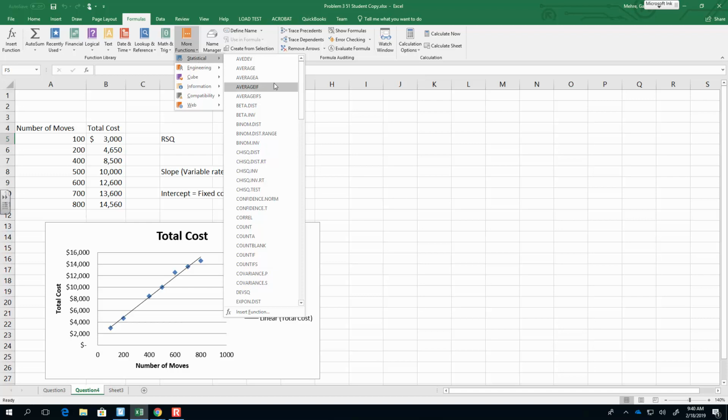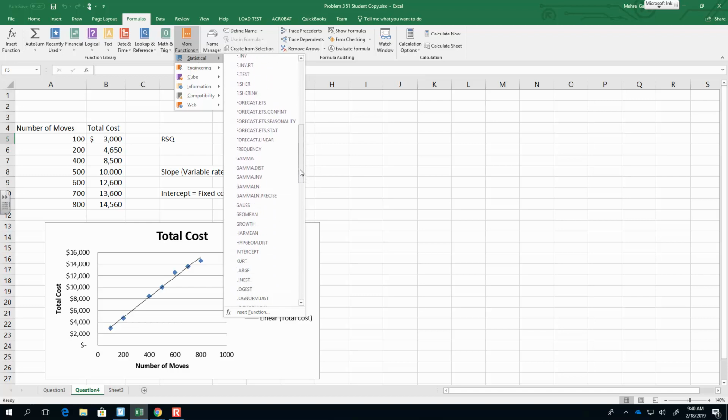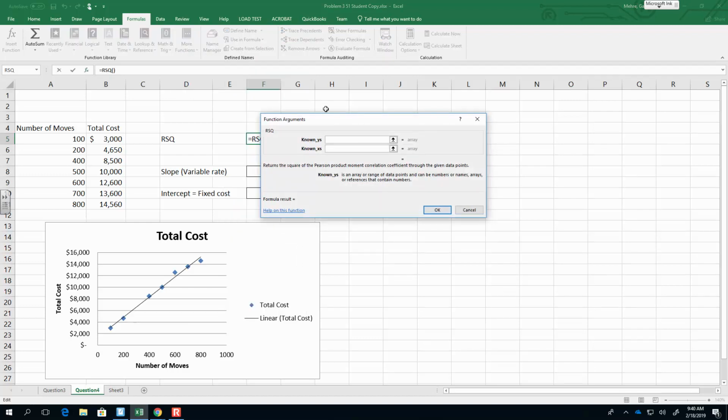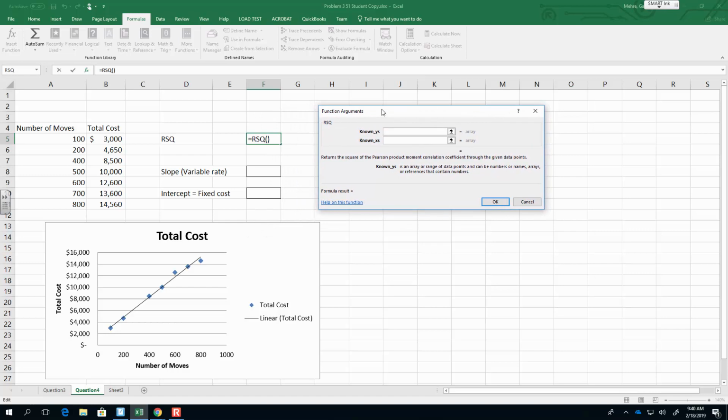And Sam and Jade, if you weren't here, all it asks for, going down to R squared, is what are the y's and what are the x's. The y's are always the cost, the dollar amount. The x's are always the observations: number of moves, number of parts, number of hours. So just select with your mouse the y's.